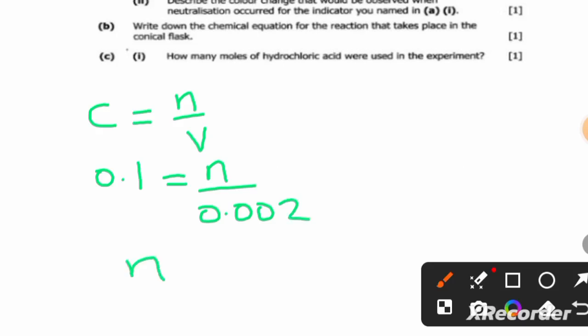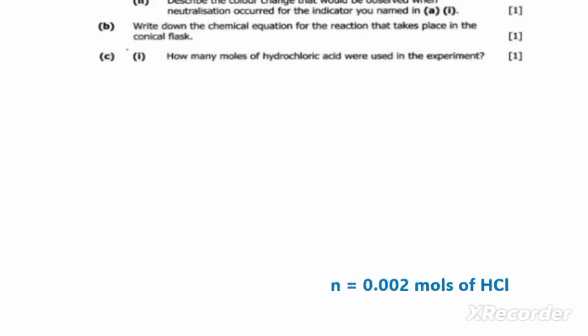So the number of moles therefore is equal to 0.0002. Okay, so this is the number of moles, and this is our final answer.